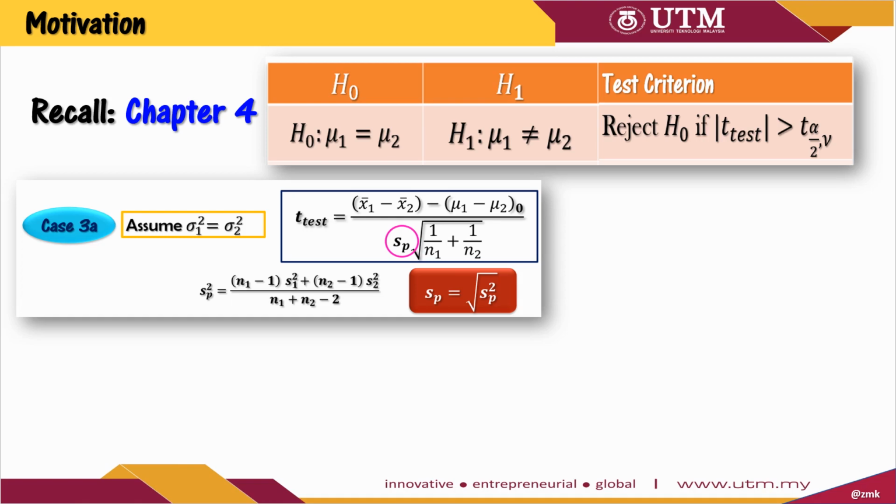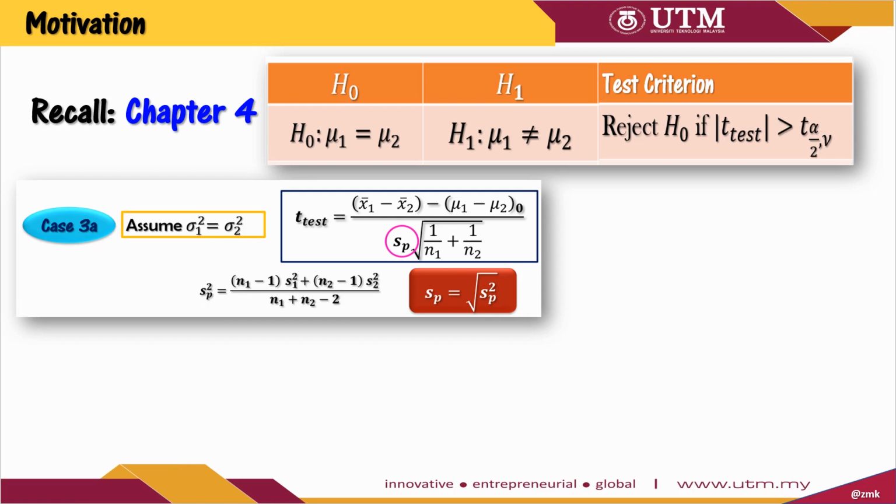So testing a difference between two population means, I repeat, between only two population means under those assumptions of equality of unknown population variances and small sample sizes, you will use a t-test statistic in Chapter 4.